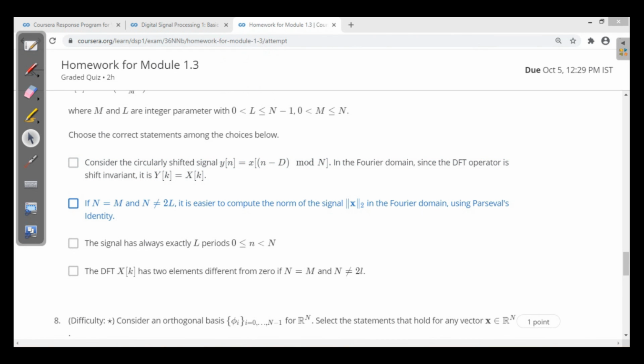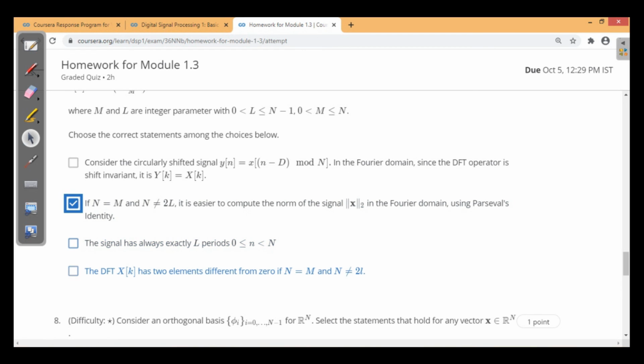So if N is equal to m and N is not equal to 2L, it is easier to compute the norm using the partial identity. It's right. The signal does not always have exactly L periods from 0 to N. It is only when capital N is equal to m and N is not equal to 2L. In that case only it has exactly L periods.